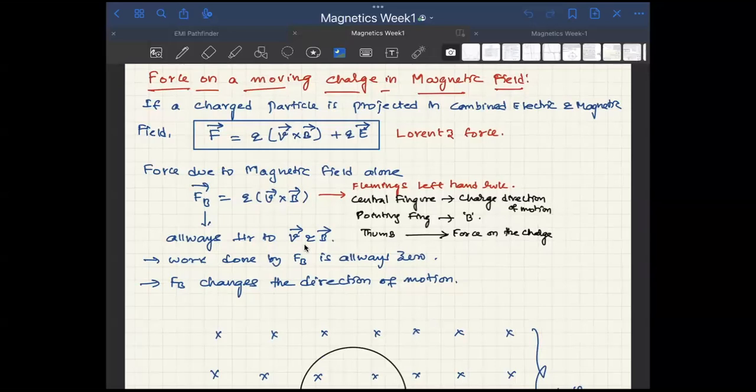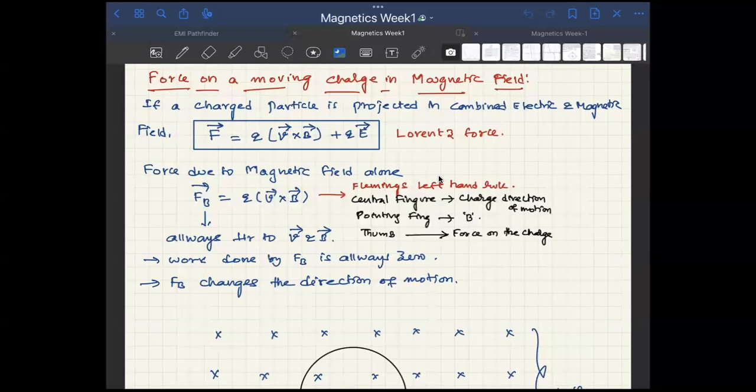On the basis of his different experiments, based on his observations of how the charge experiences different forces, he concluded the entire experimental setup into one single formula, a single equation that is called Lorentz equation, and the force is Lorentz force.